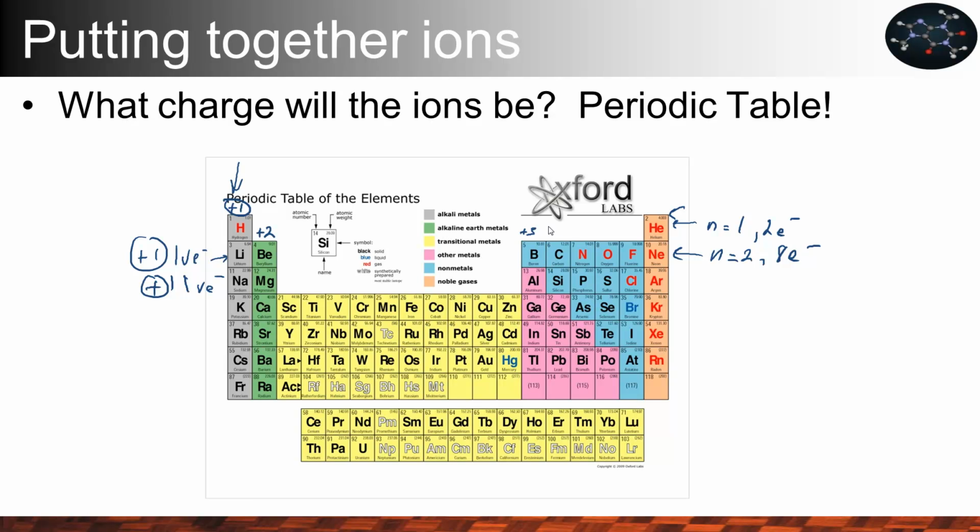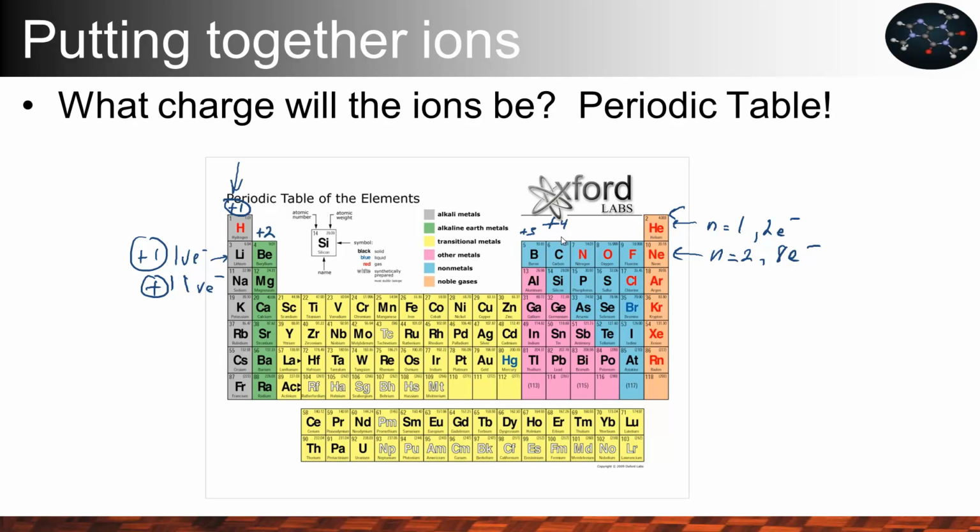Now, carbon, if it forms an ionic substance, which it can, form +4 ions because it wants to lose 1, 2, 3, 4 electrons to be like a noble gas, helium.